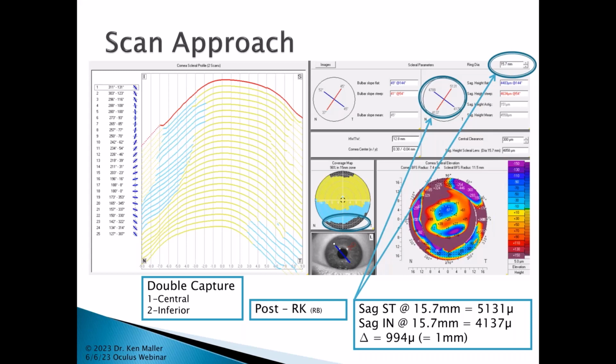So we have a very, very dramatic difference between the superior temporal and inferior nasal sections on this eye, which even if we're capturing all this wonderful data, is going to present certain fitting problems for us because there are limitations as to what can be manufactured on the lathe as well. So this is something you definitely want to take a look at, but it's understandable why I was having the problems I was having capturing this particular eye.